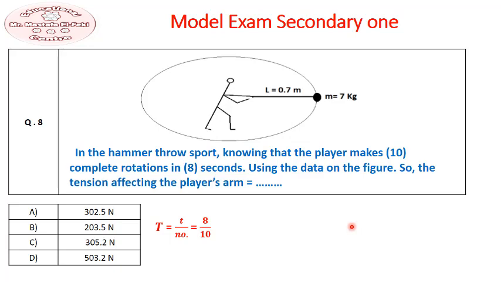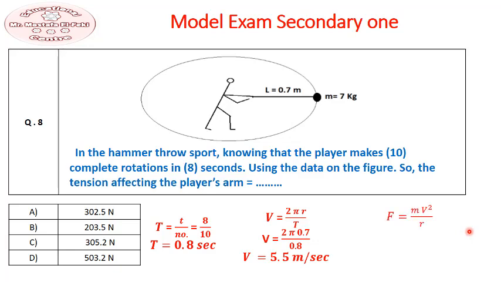Periodic time equals total time divided by number of rotations, equals 8 seconds divided by 10 complete rotations, equals 0.8 second. The velocity equals 2 pi r divided by t. Then the velocity is 5.5 meter per second. So the tension force equals m v square over r. By substituting the numbers, then the tension force equals 302.5 Newton.